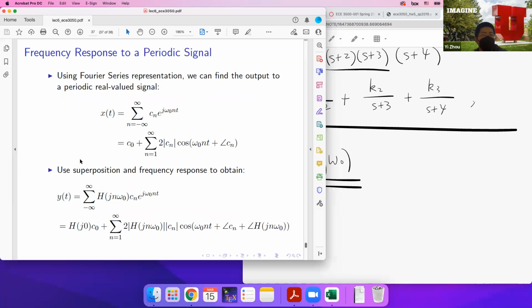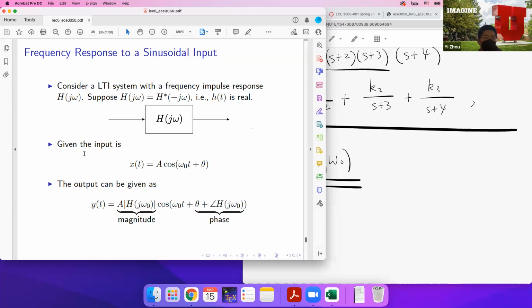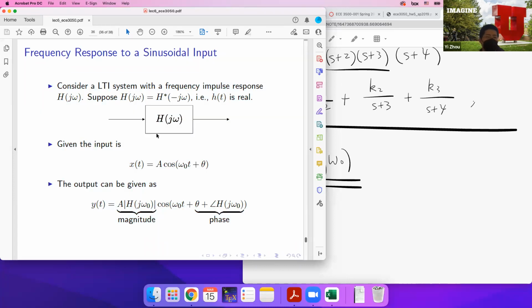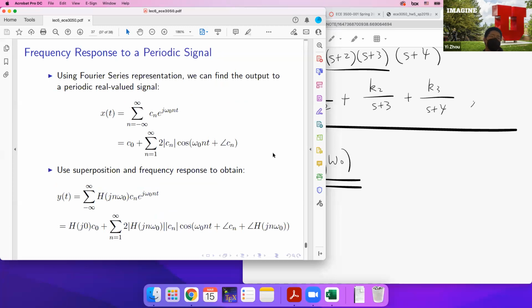For example, based on this previous characterization, where we talked about the output corresponding to a standard sinusoidal input, we can further look at the output to a periodic real valued signal.